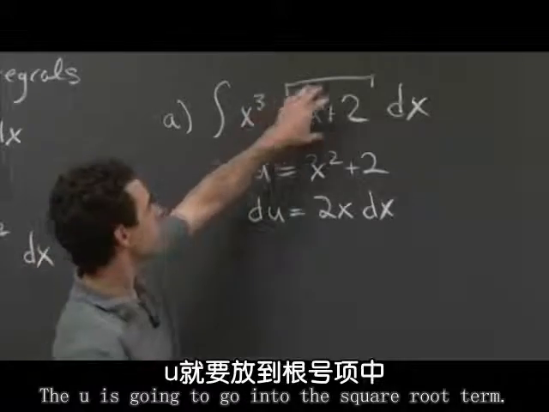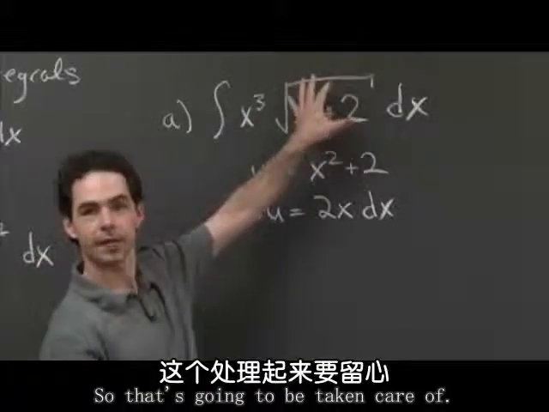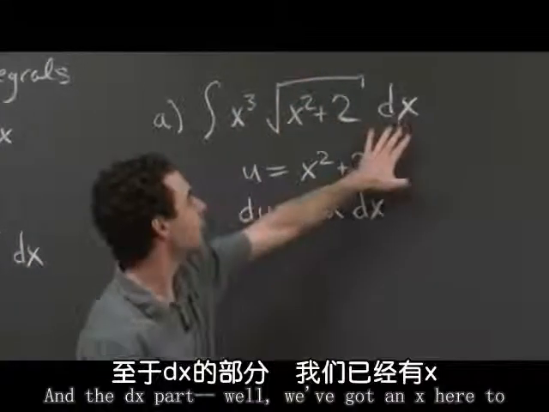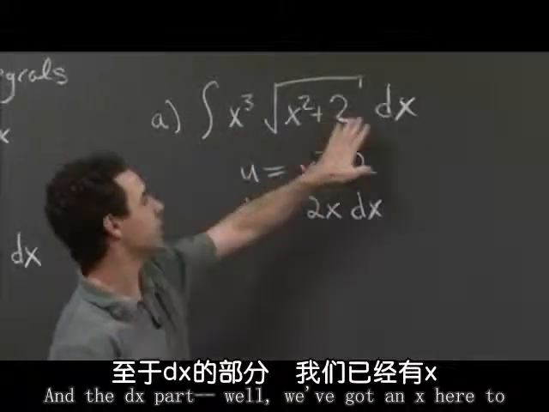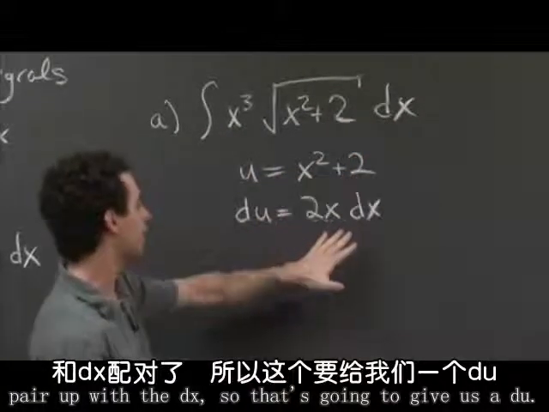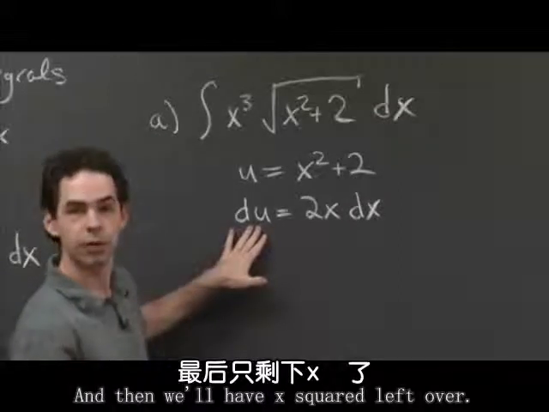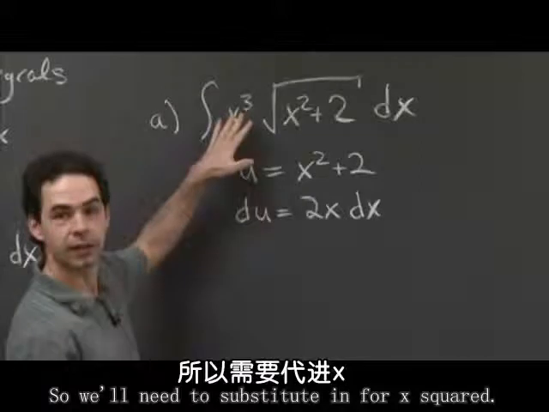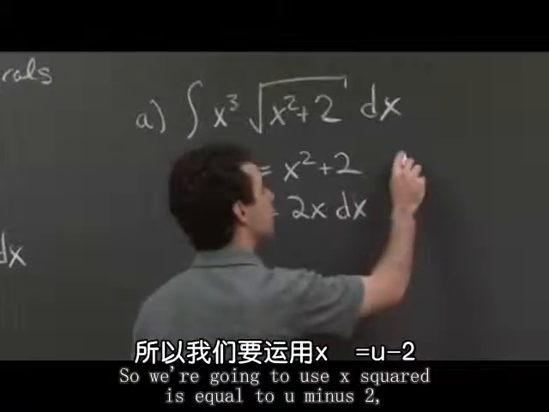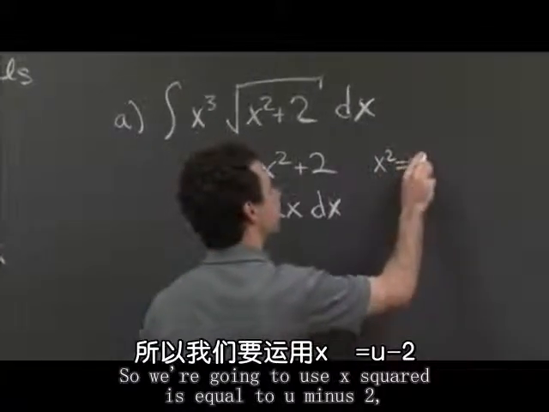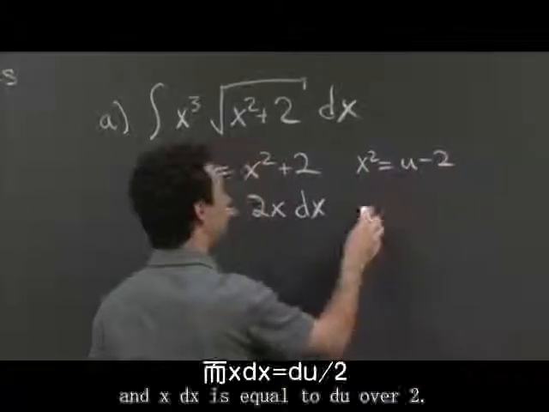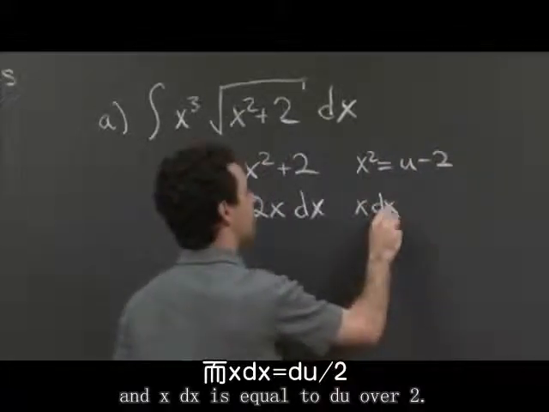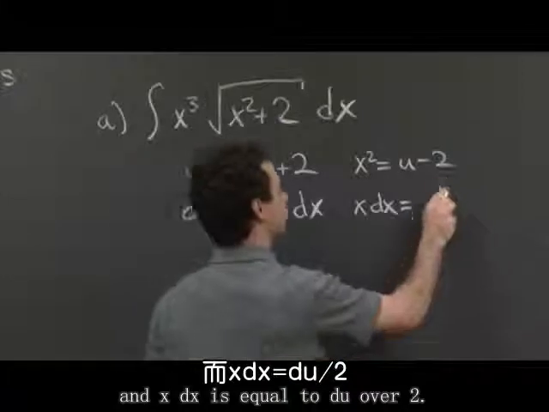The u is going to go into the square root term, so that's taken care of. And for the dx part, we've got an x here to pair up with the dx, so that's going to give us a du. Then we'll have x squared left over, so we'll need to substitute in for x squared. We're going to use x squared equals u minus 2, and x dx equals du over 2.